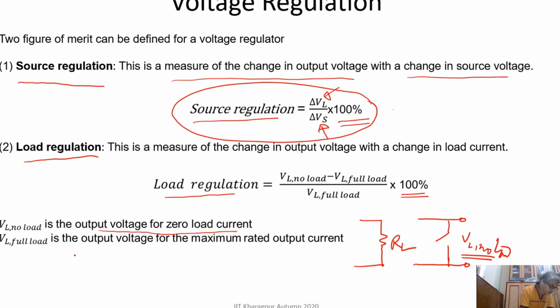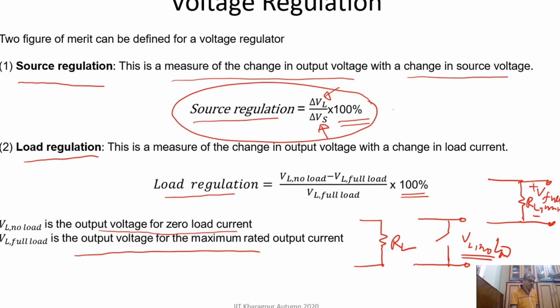Okay, what about VL full load? VL full load is when the load resistance is minimum, so maximum current is flowing through the load, and the voltage across this load that we can measure is known as VL full load.